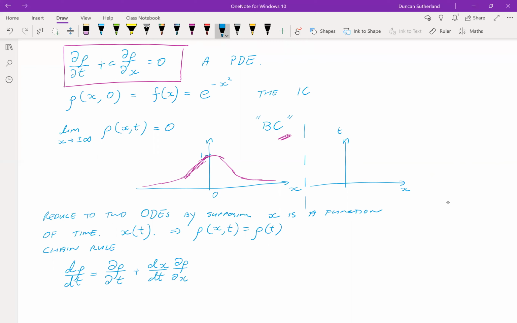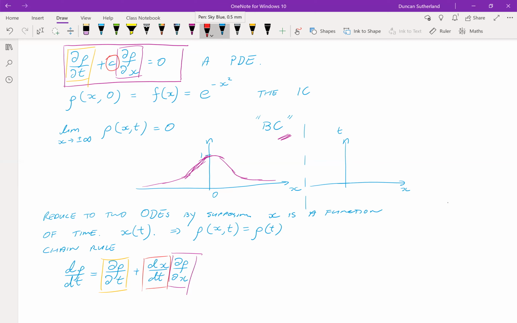What we notice is this chain rule bears a great similarity to our PDE. We've got our d rho dx, we've got our d rho dt, and we have this c instead of dx dt.